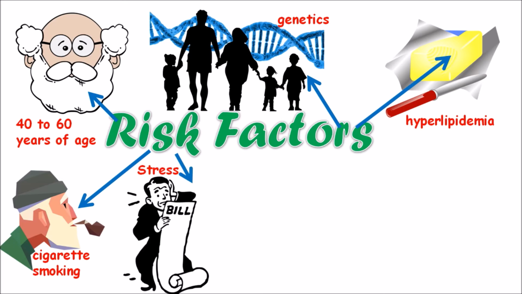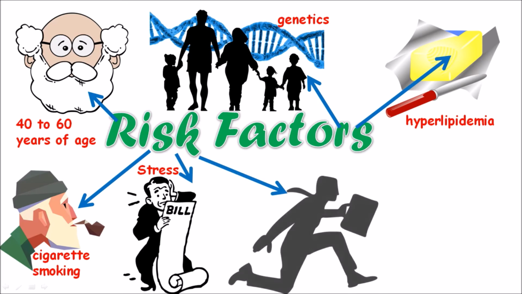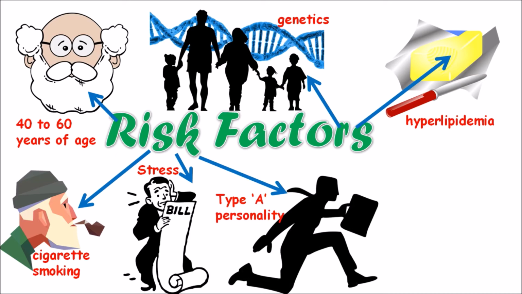Atherosclerosis may also occur due to stress and in type A personality type of people. Now, what is type A personality? Basically, these people are very competitive and very stressful.